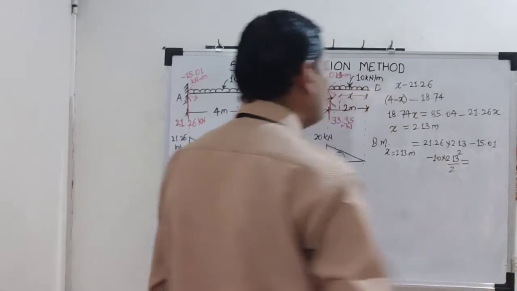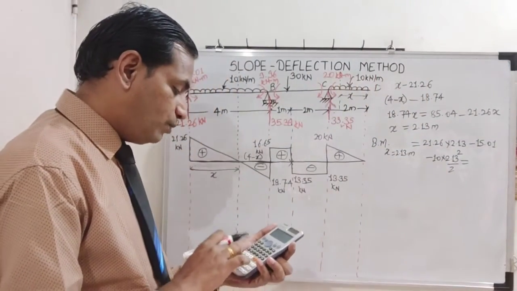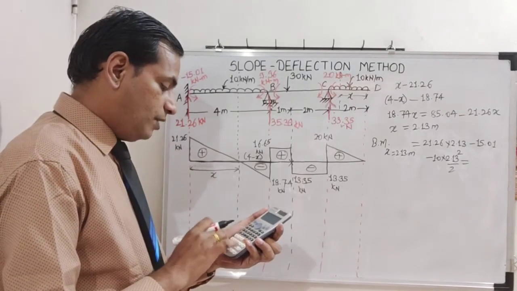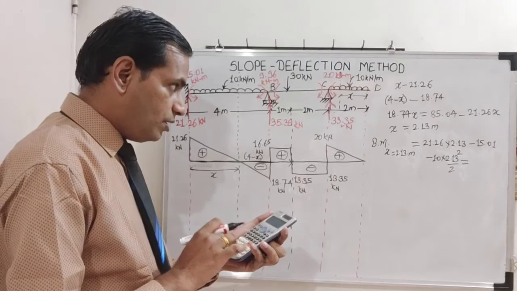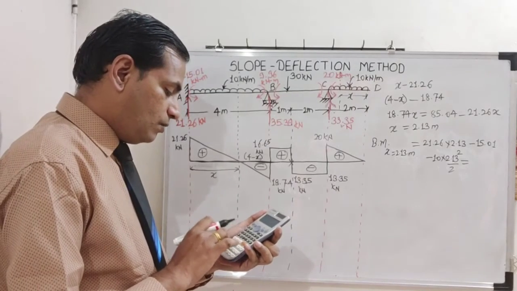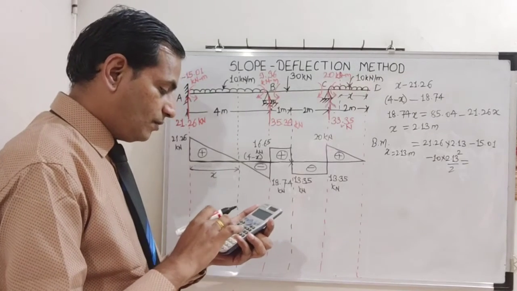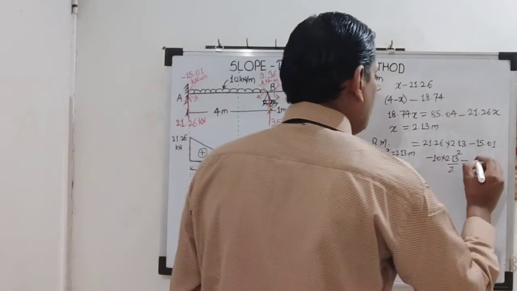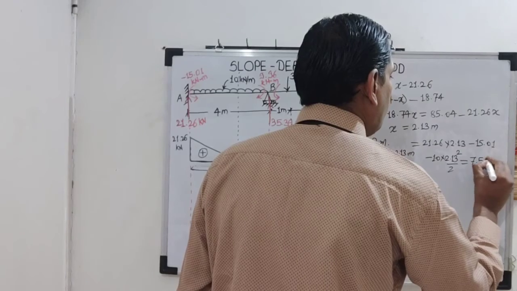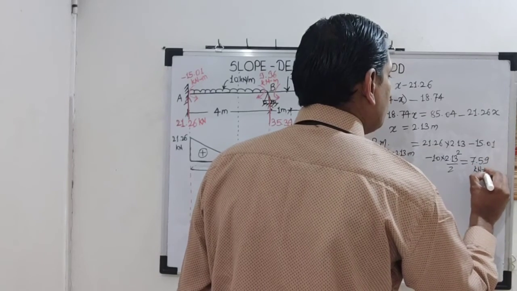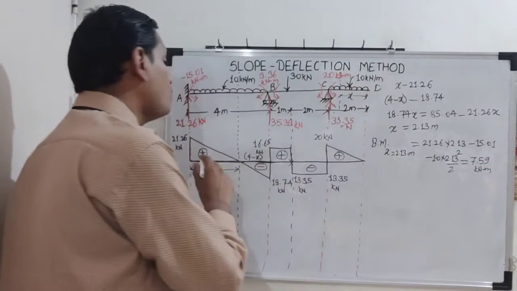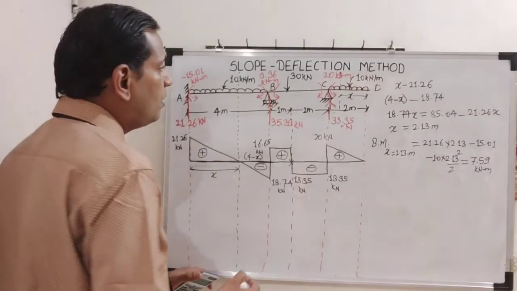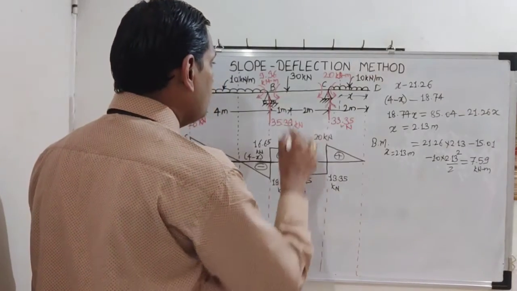Let us calculate this value. 21.26 into 2.13 minus 15.01 minus 10 into 2.13 square by 2. So how much is the answer? 7.59, a plus value. It has to be plus because the shear force is changing the sign. So 7.59 kilonewton meter.